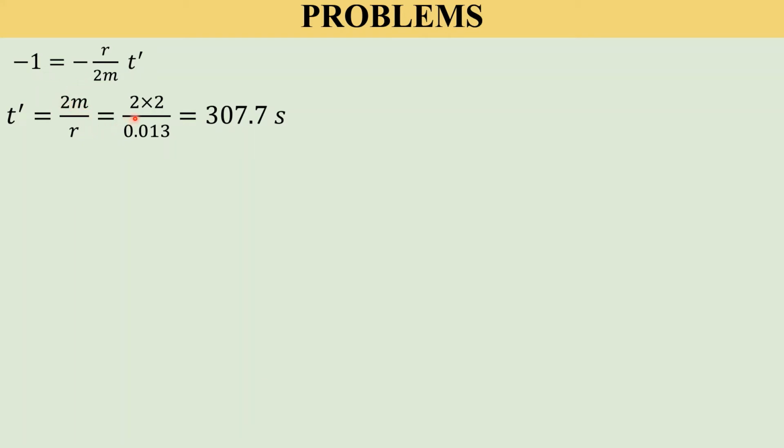So mass is 2 kg, so 2 into 2, and r is equal to 0.013. Therefore t dash is equal to 307.7. So that is the time taken to decrease the amplitude to 1 by e times its initial value: 307.7 seconds.